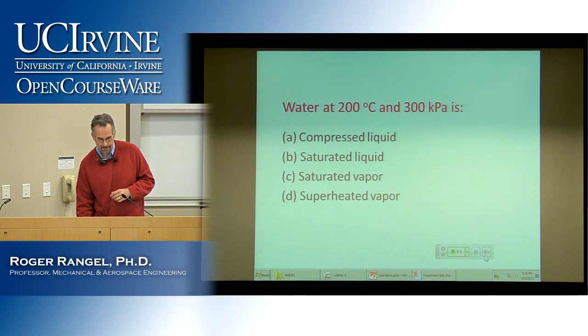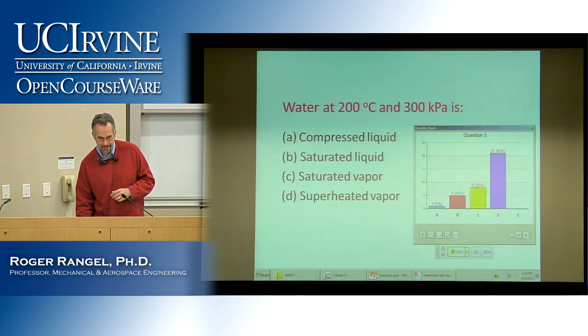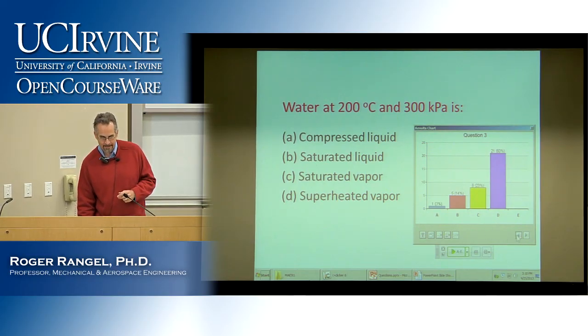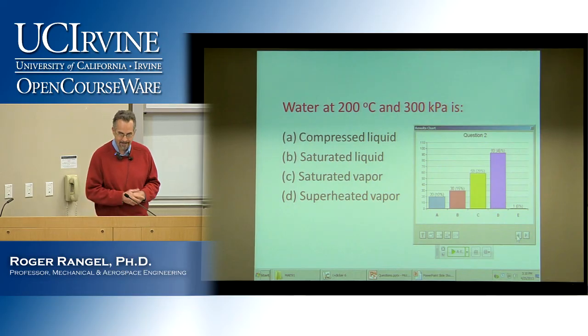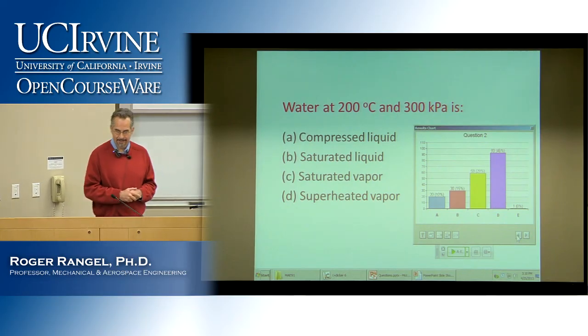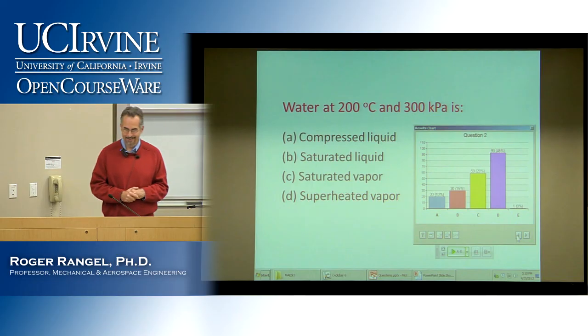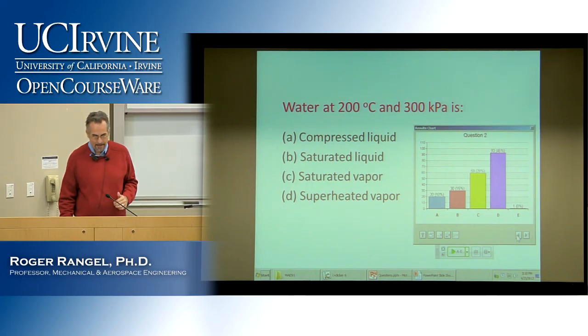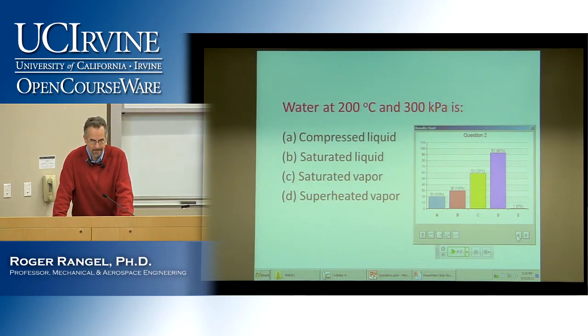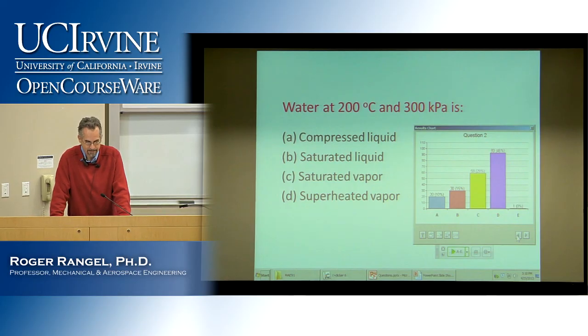We went back. Go to the graph. The thing is just on for a little bit and you guys are already firing. Okay, this is what you said. Wow, look at that. So, yeah, D is correct. Superheated vapor.